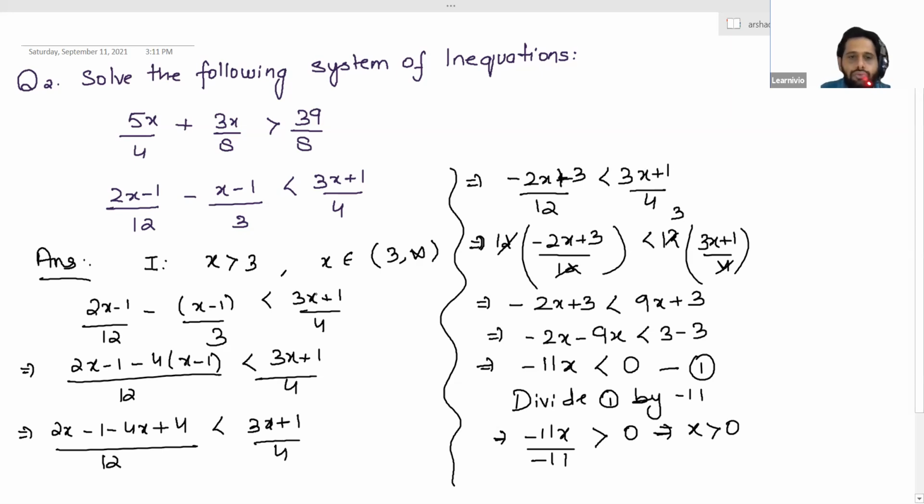Okay, I will do it. Our first answer is x is greater than 3 and the second is x is greater than 0. I will solve it. First, we are getting this one.